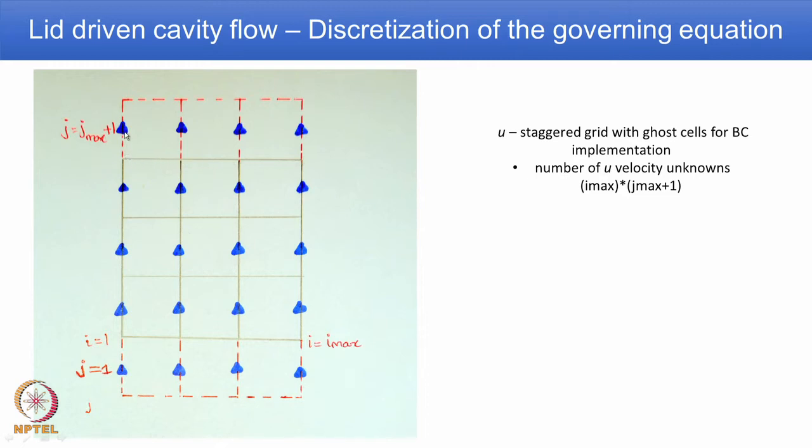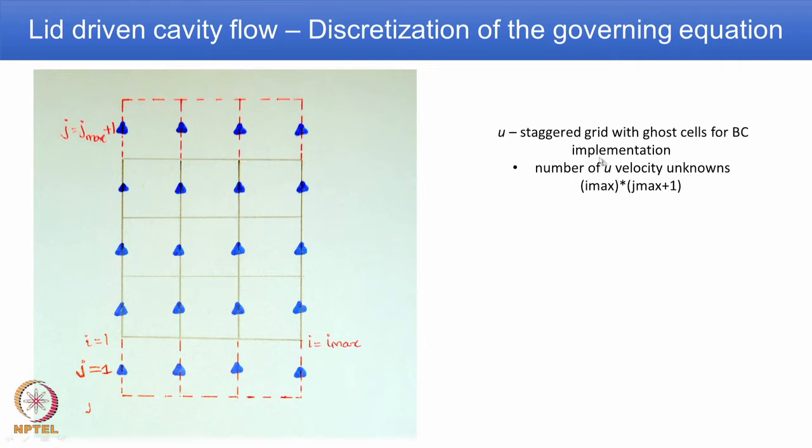Now, we define one more ghost node in the y direction on both the sides. So, one on the upper side, J equal to J max plus 1, another one on the lower side, beyond J equal to 1. Okay. So, this is shown by the red color. This is required to apply the boundary condition. So, use staggered grid with the ghost cell for boundary condition implementation.